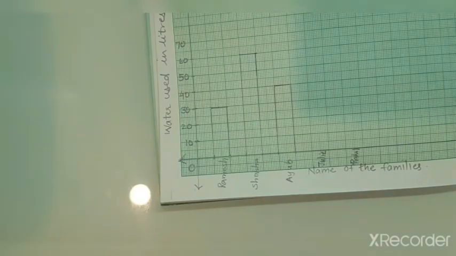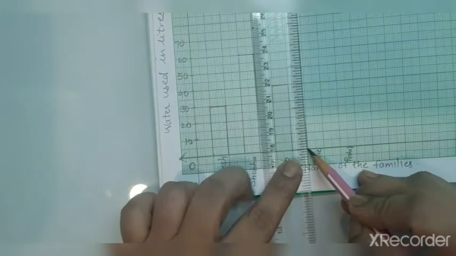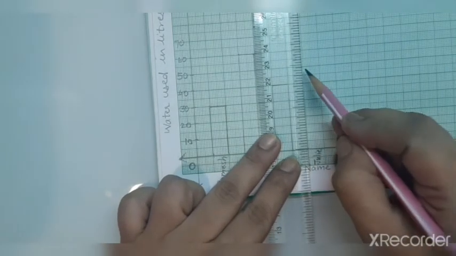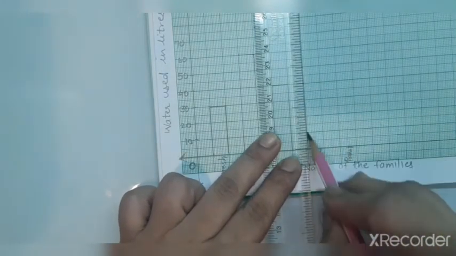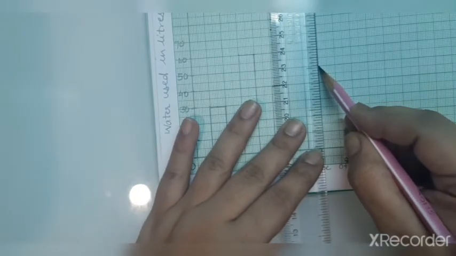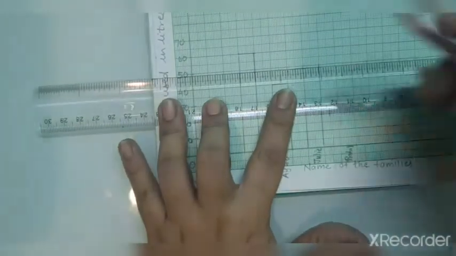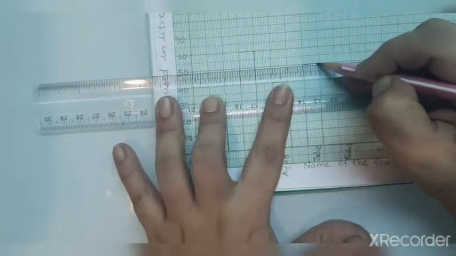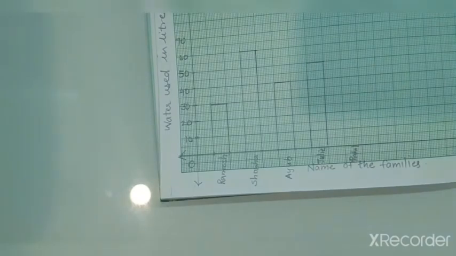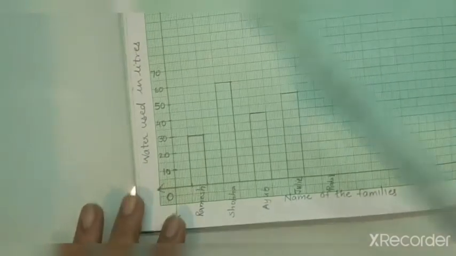And after that is Julie, 50 liters. So again in Julie's column, we have to draw this standing line up to 50. Okay, and then this sleeping line. And the last one is 55 liters, Rahul.